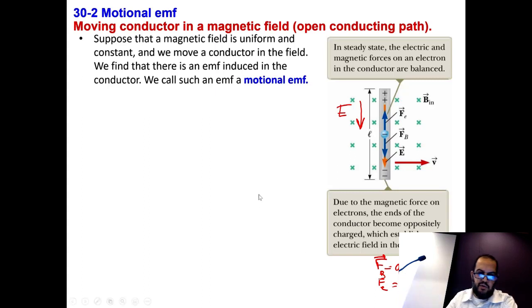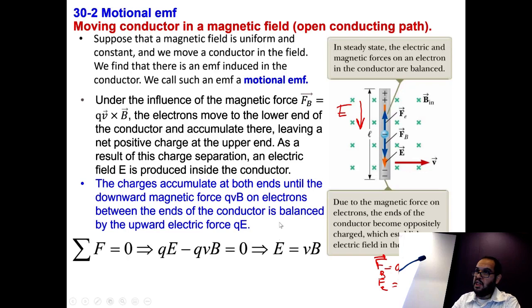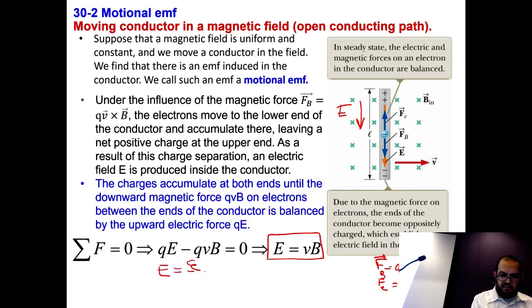If we want to determine this induced EMF, first of all, we said we reach equilibrium when the electrostatic force and the magnetic force are equal. So if you put QE equal to QVB, you get E equal to VB. And we know the electric field E is equal to the EMF divided by the distance, L here. Let me use absolute values here, in order not to confuse.